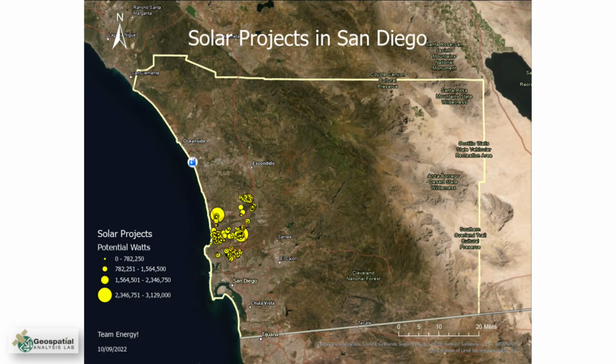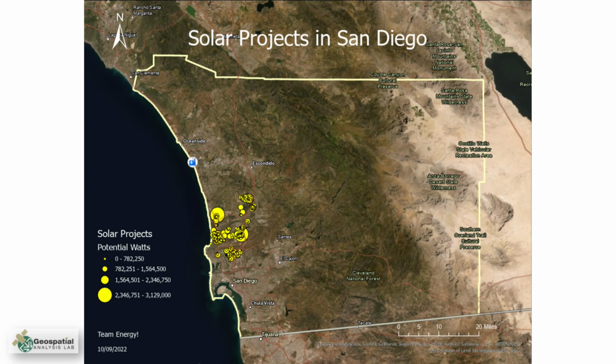Our project is a continuation from our Intermediate GIS, which analyzed how many solar projects would be required in order to power the Carlsbad desalination plant. From our previous calculation, we found that for daily operation, the plant requires 750,000 kilowatts of energy.